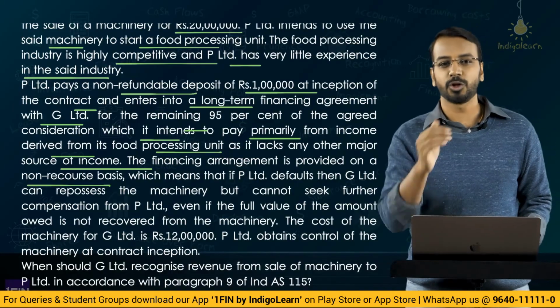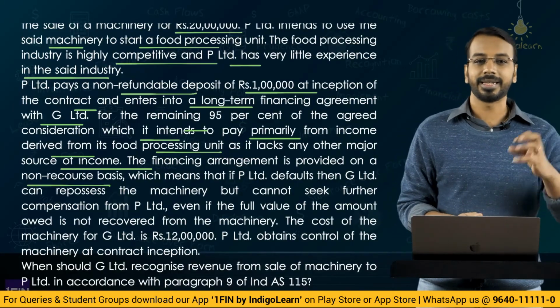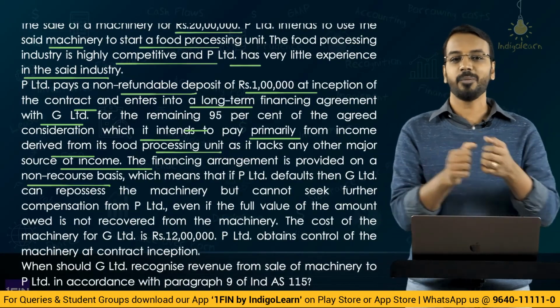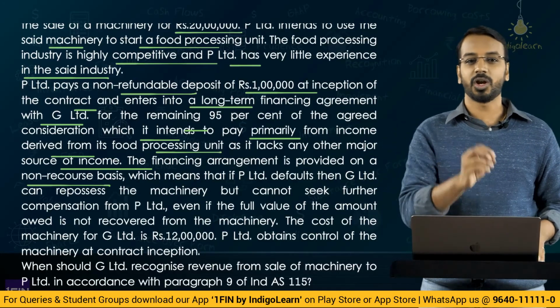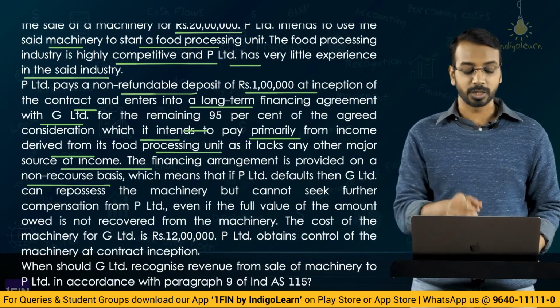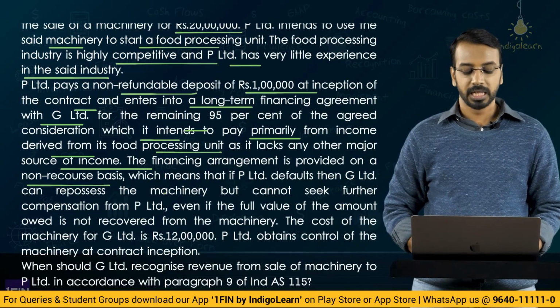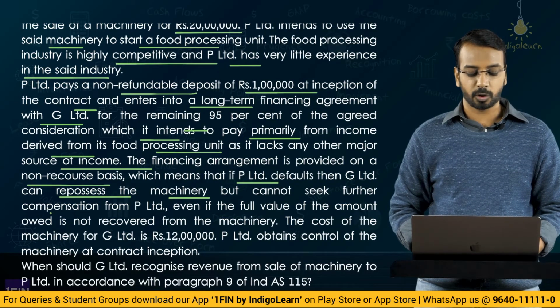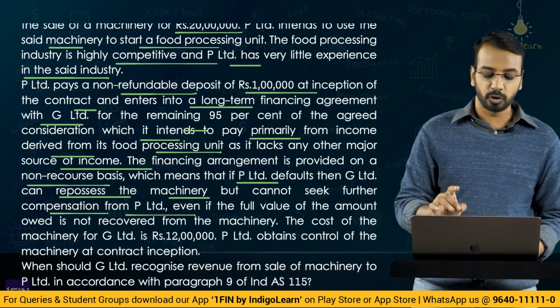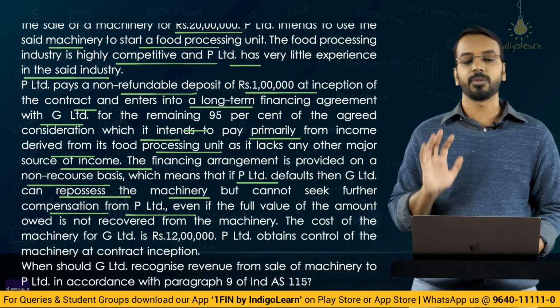If they are not in a position to pay, then G Limited, the entity, can take back the machinery, but it will not be able to collect the amount in the future. Cash will not come, only the machinery can come back. That is the meaning of non-recourse basis. Which means that if P Limited defaults, then G Limited can repossess the machinery but cannot seek further compensation from P Limited even if the full value of the amount owed is not recovered from the machinery.